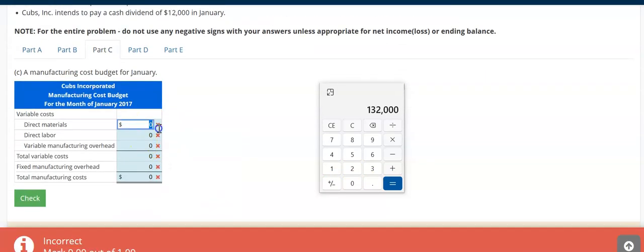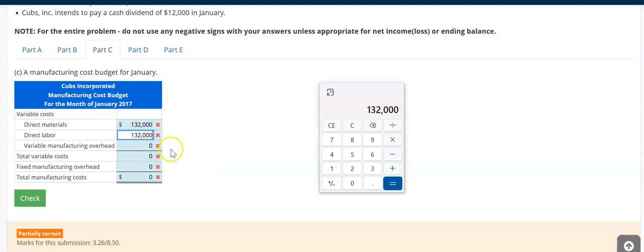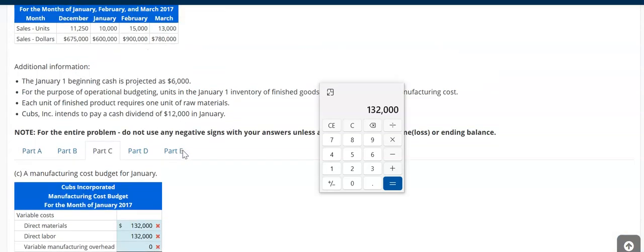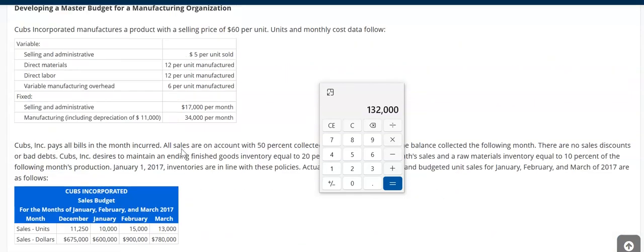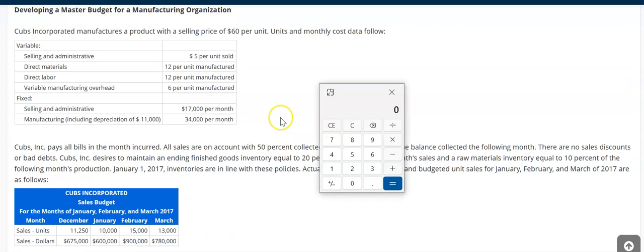And so we should be able to plot that for both direct materials and direct labor.